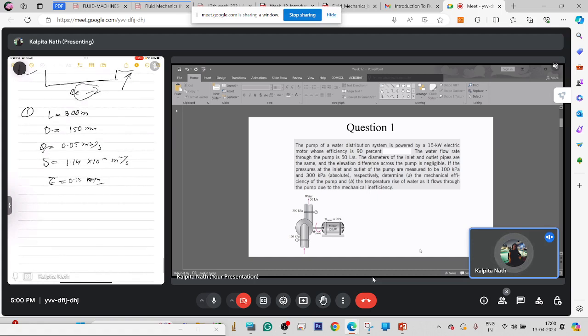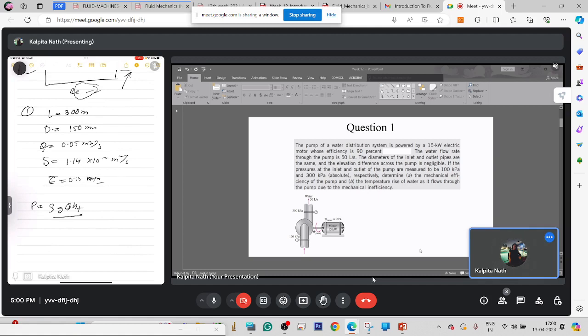Now we need to find the power required to drive the fluid. We know that power is equal to rho g Q hf, and hf is f L by d, u bar square by 2g.